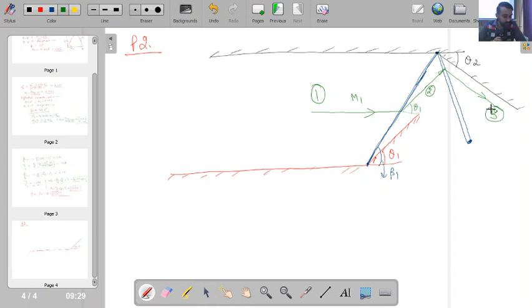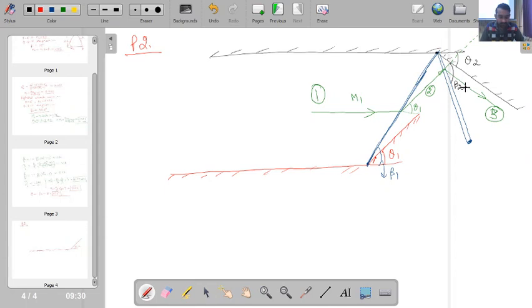Now if you see, this particular streamline is extending in this direction. This is the extension of the streamline. With this extension, whatever angle the shock wave is making, that angle will be beta 2. So this extension is making a certain angle over here, and this particular angle is my beta 2.